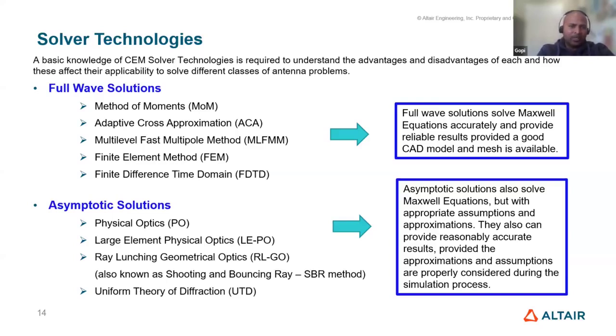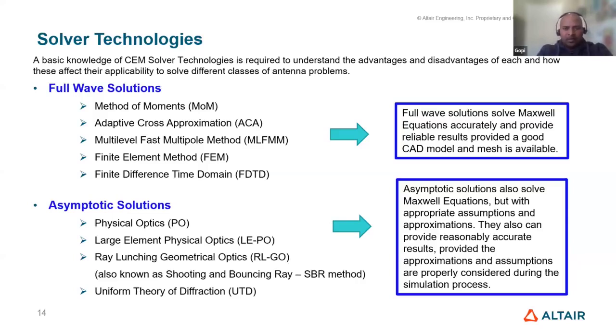Okay, so if you look at the full-wave solvers, we have MoM, ACA, MLFMM, FEM, and FDTD. And if you look at the asymptotic solvers, there are physical optics, LEPO, which is large element physical optics, RLGO, which is similar to the shooting and bouncing ray method, and UTD.